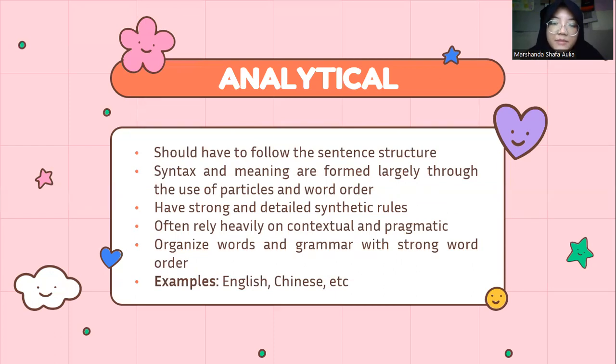But if we exchange the subject and the object, it becomes apple eat me, or apple eat I, which doesn't make sense and gives you a different meaning. So English is an analytical language and it's not a synthetic language.